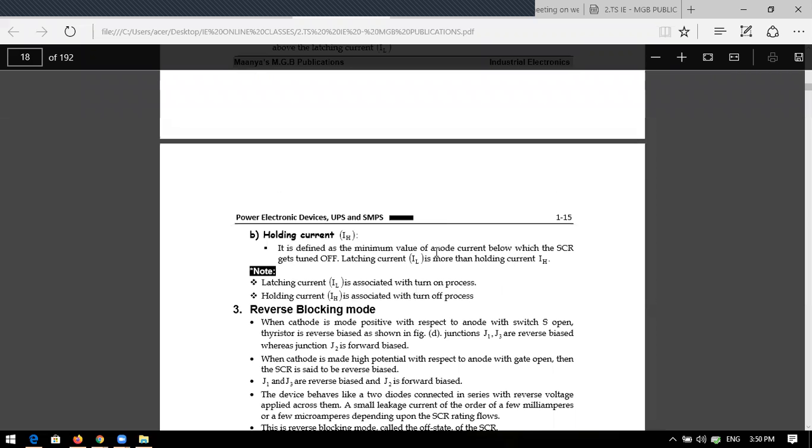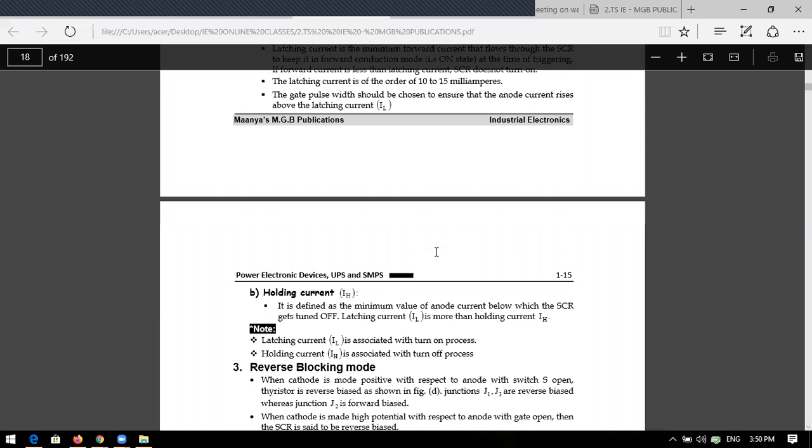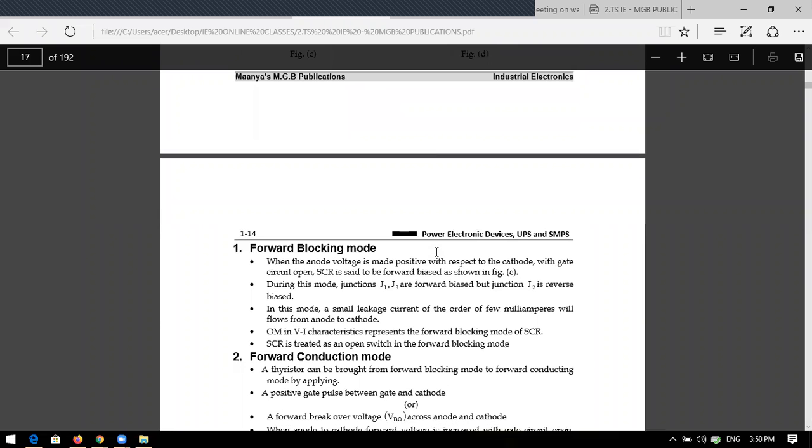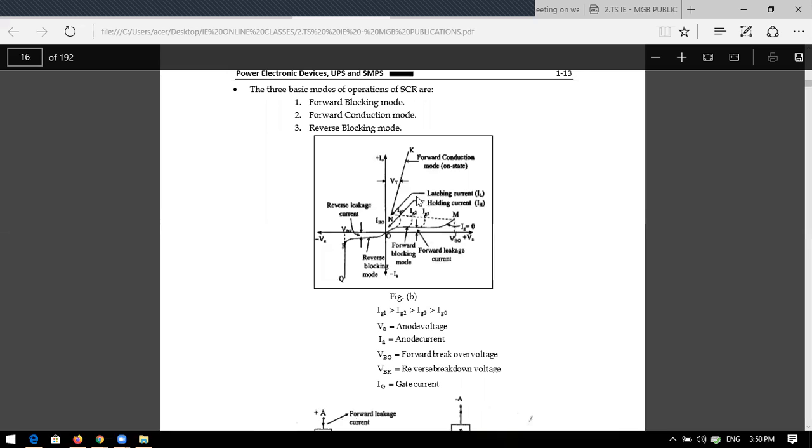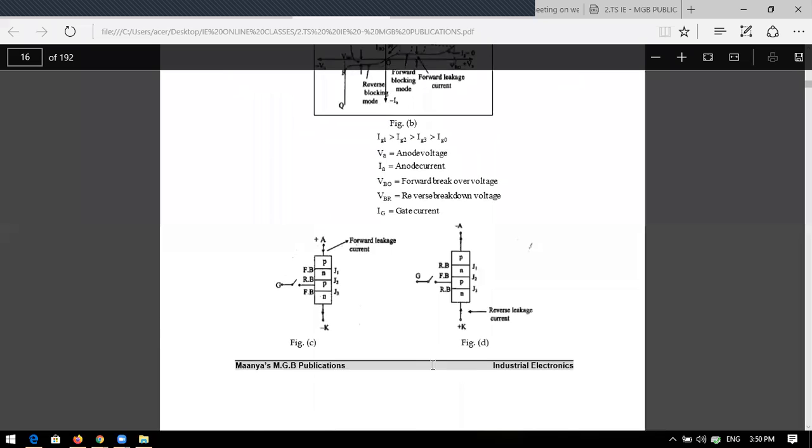And IL is always greater than IH. Latching current is greater than holding current. You can see it in the characteristics also. The latching current is here, holding current is here. So IL should be greater than IH.